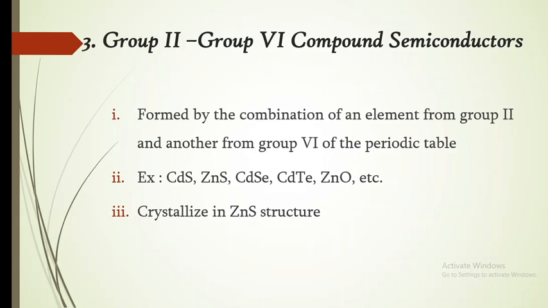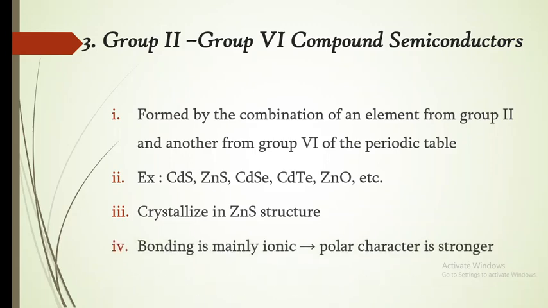Again the structure is the same, that is it is going to crystallize in ZnS, the zinc blende structure. Again, bonding here is mainly ionic because of the number of valence electrons. Group 2 means there will be 2 valence electrons.